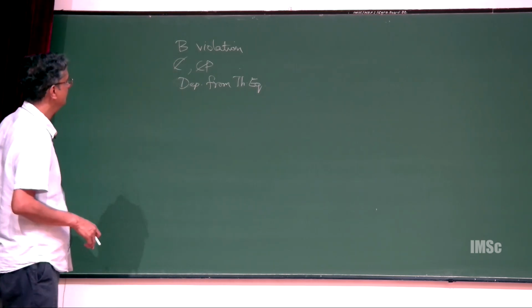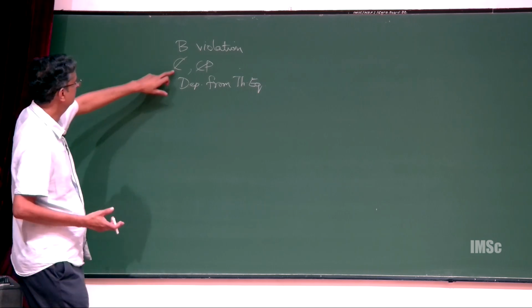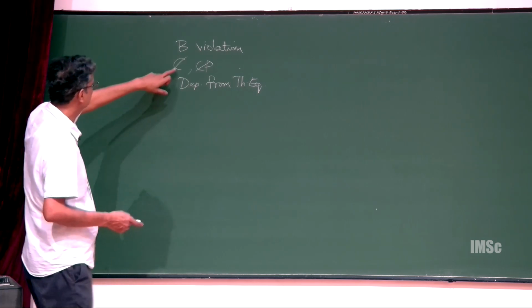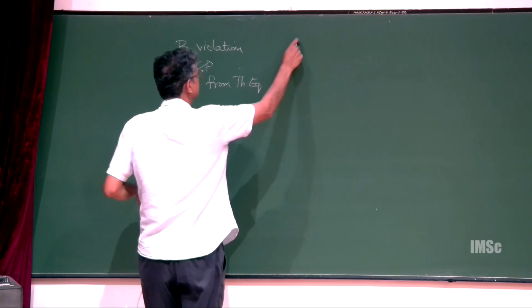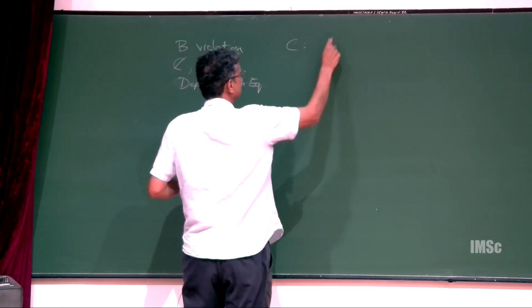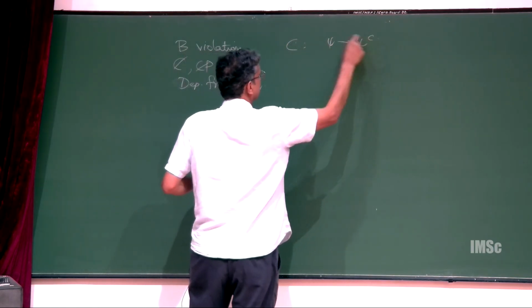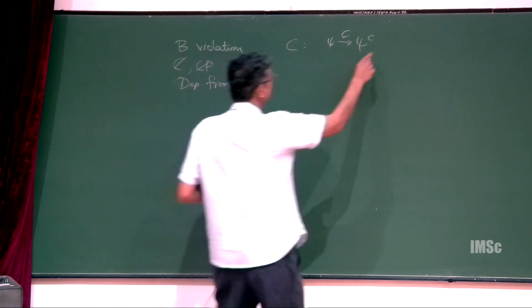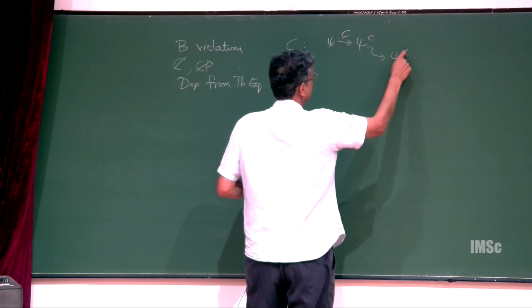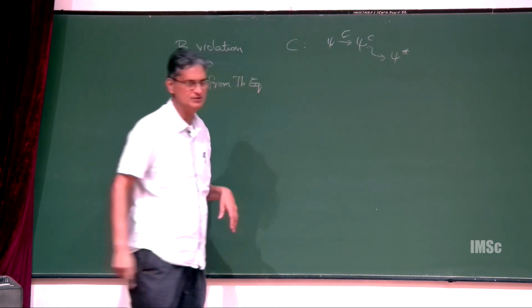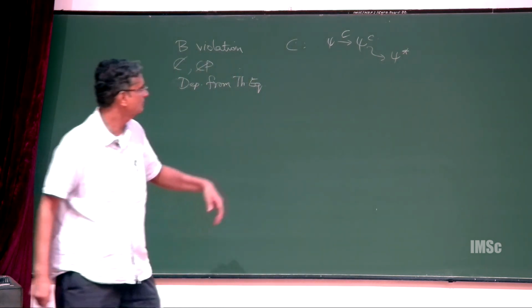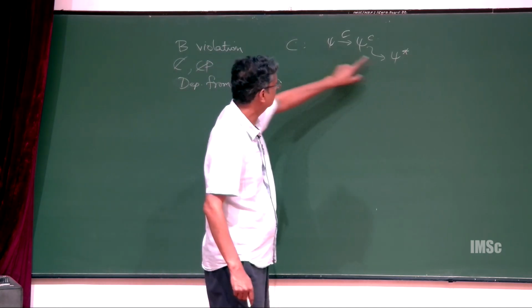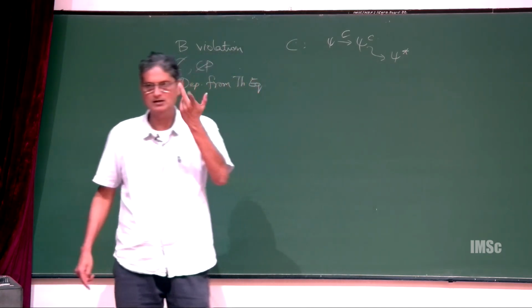For C and CP violation, I might not have actually said what C is. C is conjugation on a field: if some process creates antiparticles, the conjugate will create particles, and vice versa.